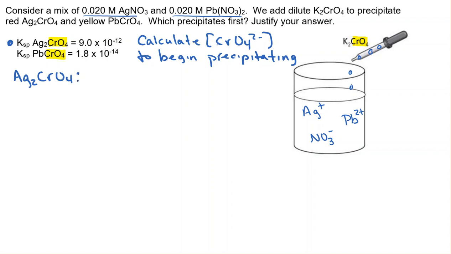our KSP is equal to 9.0 times 10 to the negative 12th, and this is equal to our silver ion concentration squared times the chromate concentration.